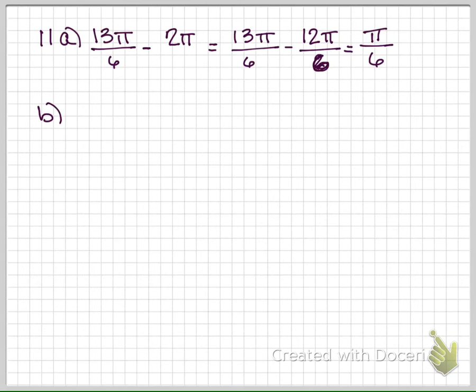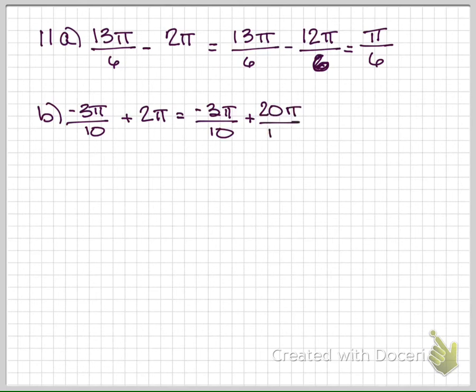So for B, we have negative 3 pi over 10. This is negative, so I'm adding 2 pi. Negative 3 pi over 10 plus 20 pi over 10. And I'm getting a positive 17 pi over 10.